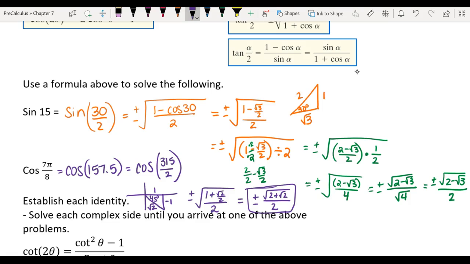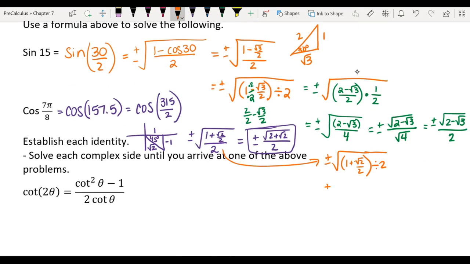All right, so you have positive and negative square root of 2 plus the square root of 2 over 2. So that's your answer. How do you get the 2 on the bottom of it? What you do is you take positive and negative square root of 1 plus square root of 2 over 2, divided by 2, which gets you positive and negative.